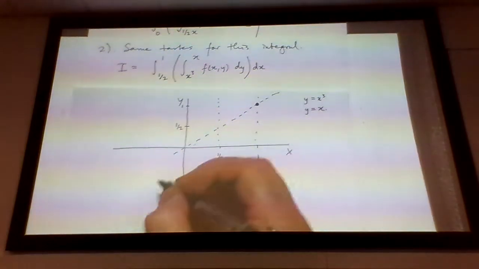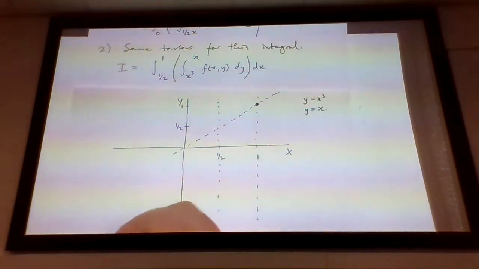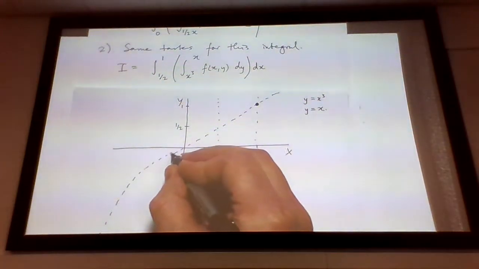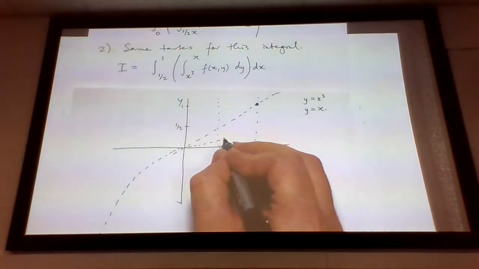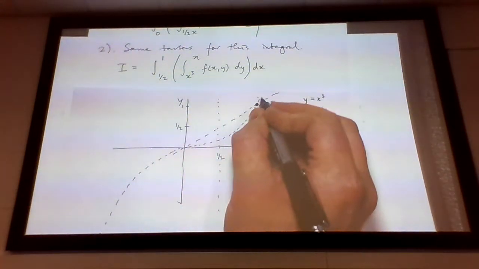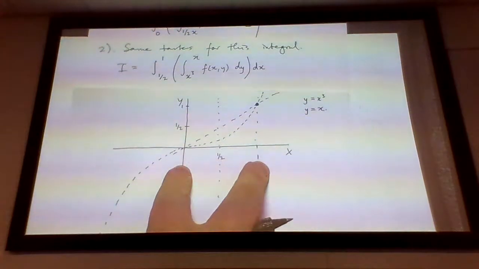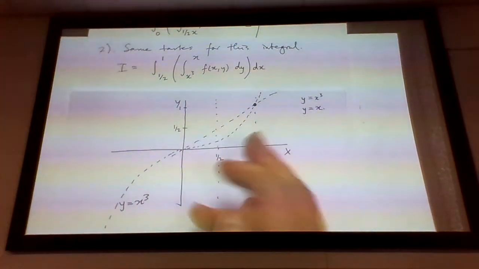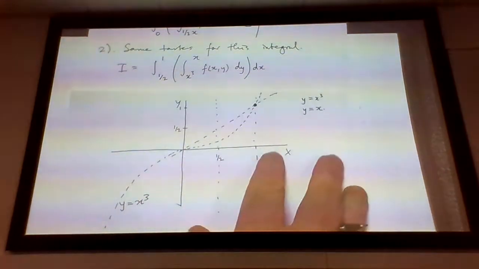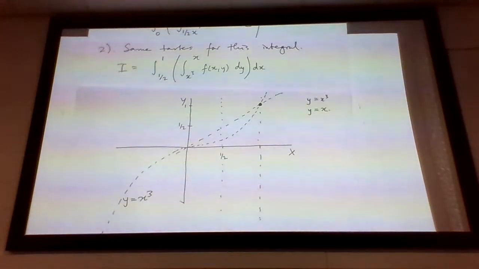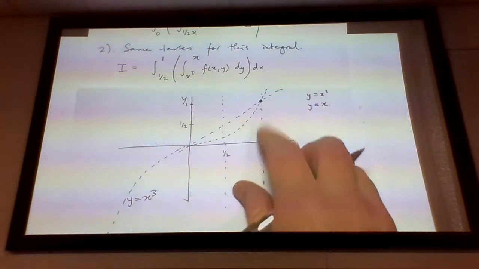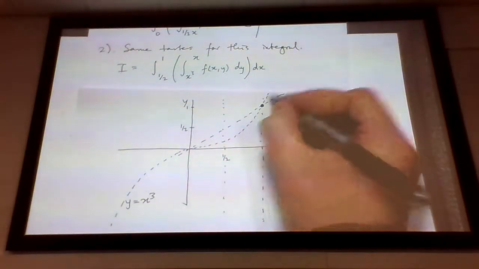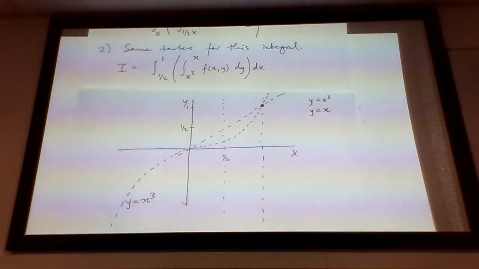Well, it goes through the origin, and then it kind of curves around. Between 0 and 1, y equals x cubed will be less than x. But when you go through the point x equals 1, then x cubed quickly starts to grow very fast. So that's why it's on the other side there.